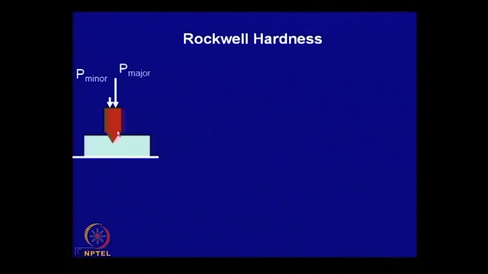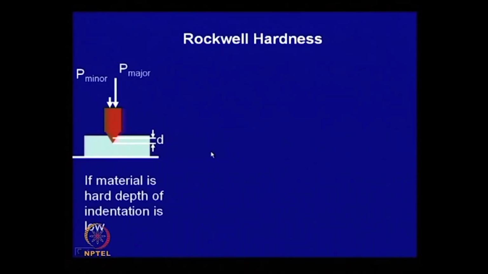When you apply the major load, it penetrates into the material, and what you measure is the change in the depth of indentation from minor load to the major load, and this depth of indentation has some kind of an inverse relationship with hardness.